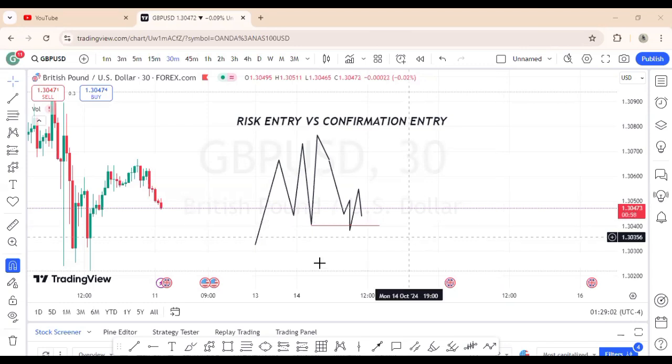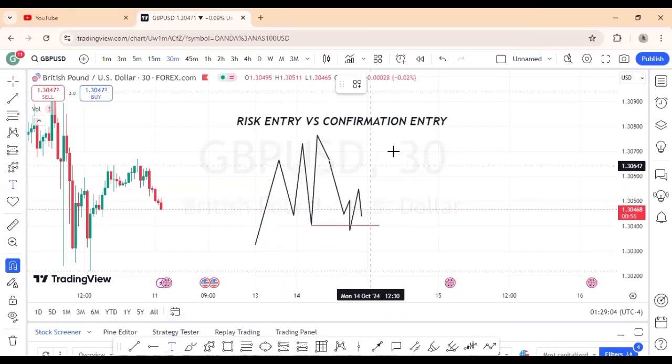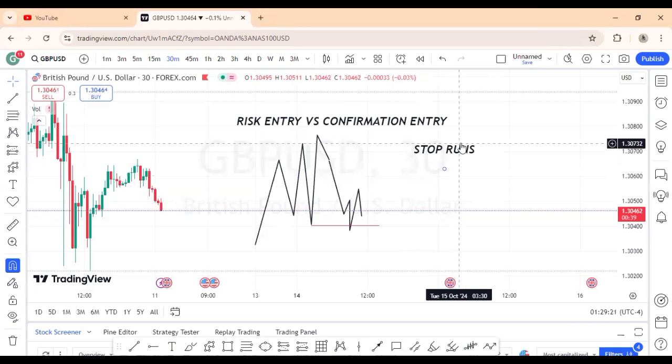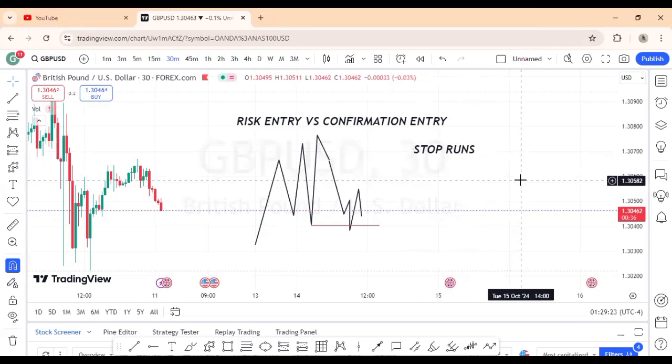They encounter two challenges like I explained earlier. One is stop runs, right? Market can run their stops before the market goes in their direction. These are the major challenges of risk entry, right?